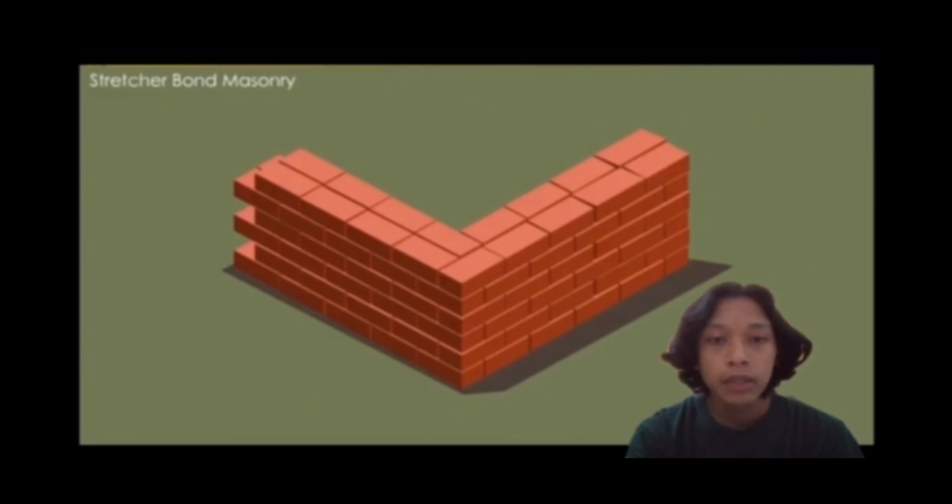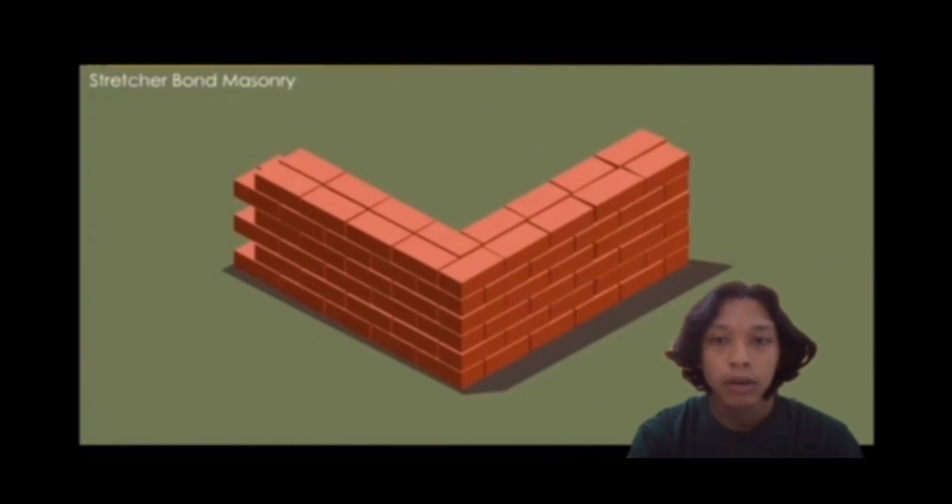Next, advantage and disadvantage of stretcher bond. The advantage of stretcher bond is that while stretcher bond is used for the construction of walls of half brick thickness, this bond is used for the construction of walls with full brick thickness.